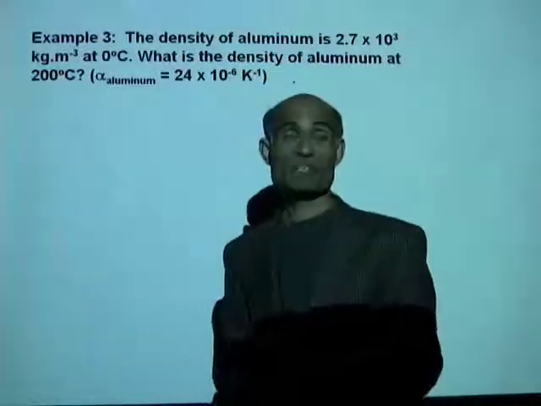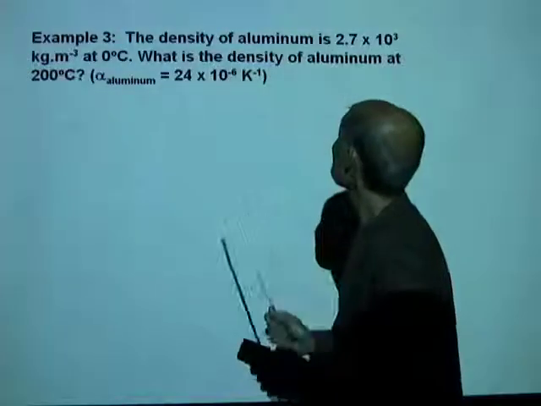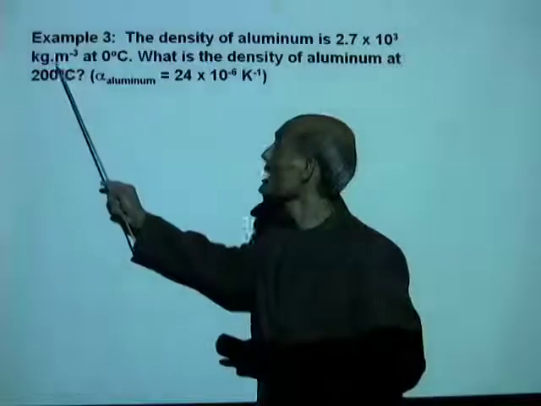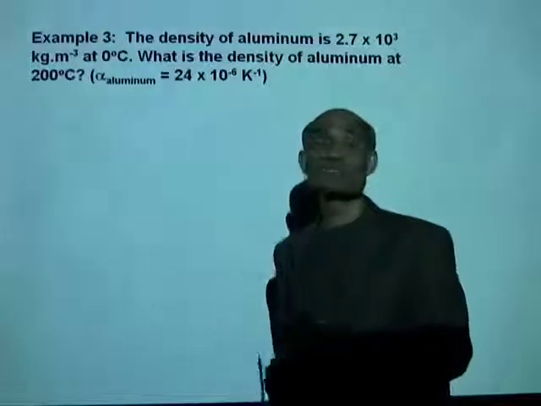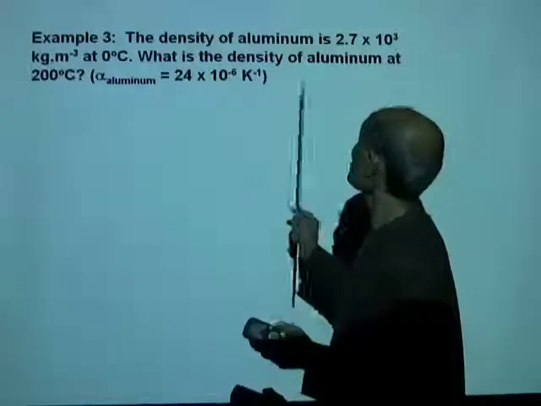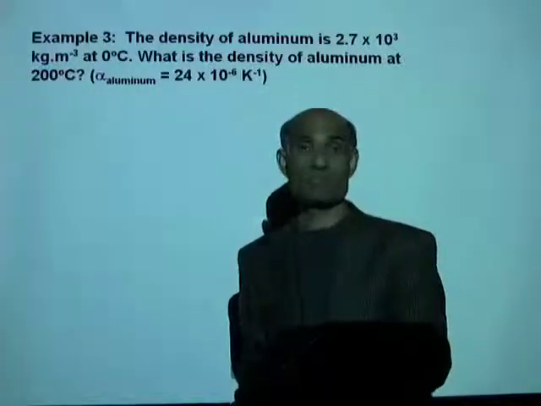Okay, let's do another example. The density of aluminum is 2.7 times 10 to the 3 kilogram per meter cube at 0 degrees Celsius. What is the density of aluminum at 200 degrees Celsius?